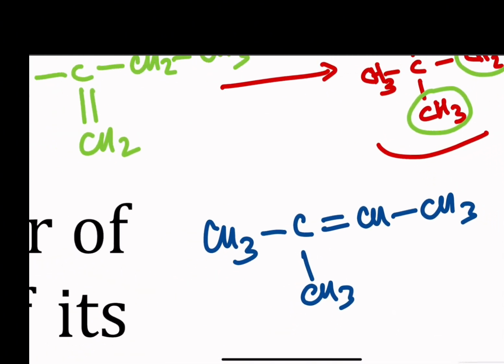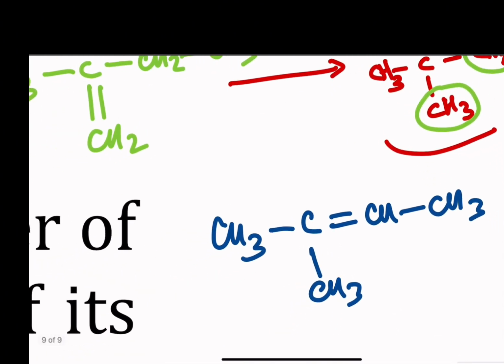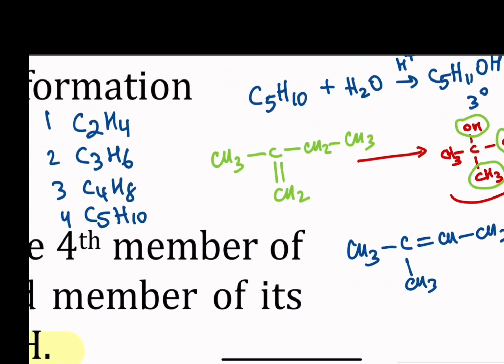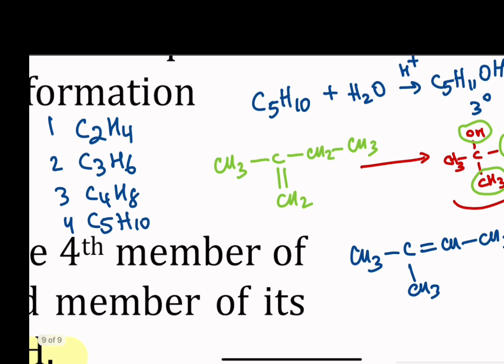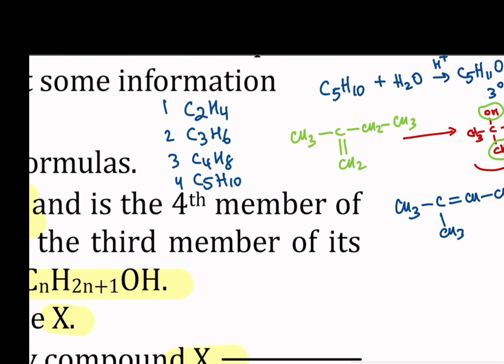Now in this case again, because this carbon has more hydrogens, rich with hydrogens, he will get hydrogen and OH will go to here. So that's why automatically this alkene is also possible X, one of the possible X reactants. So they didn't state it clearly, so either one is correct.